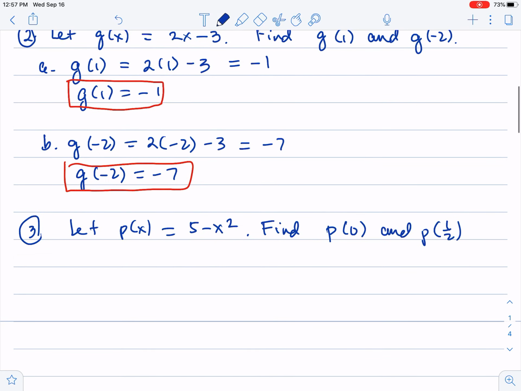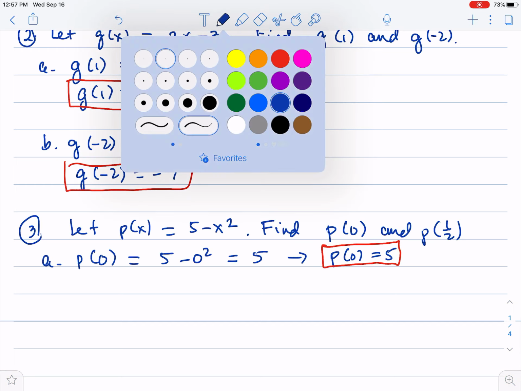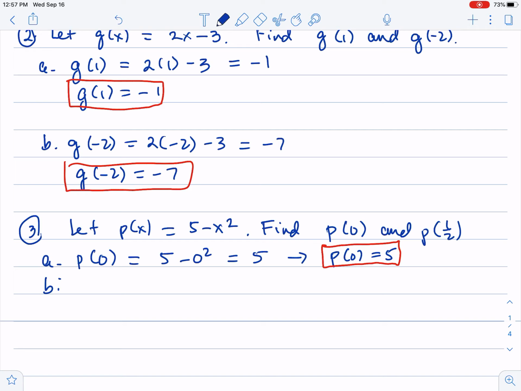So p of 0 is equal to 5 minus 0 squared, which is equal to 5. Which means that p of 0 is equal to 5. We have p of 1/2 is equal to 5 minus 1/2 squared.